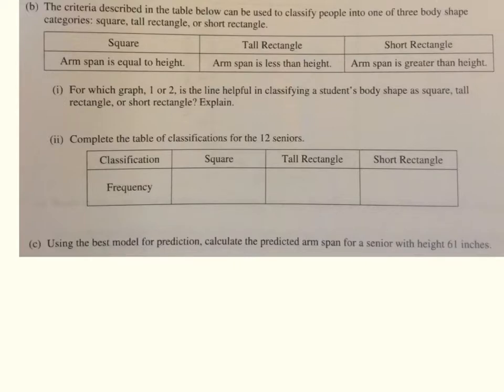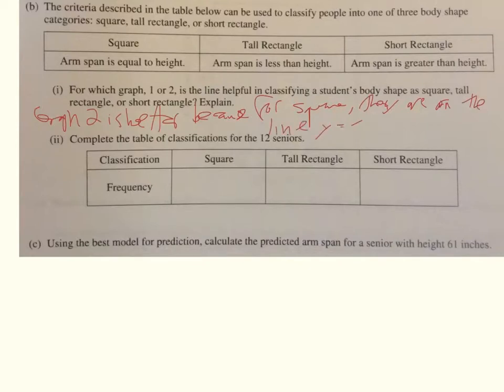Based on how they define people as square, tall, and short rectangle, graph 2 is better. Because for square, they are on the line y equals x.